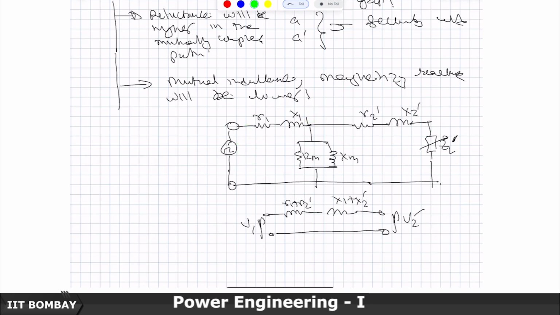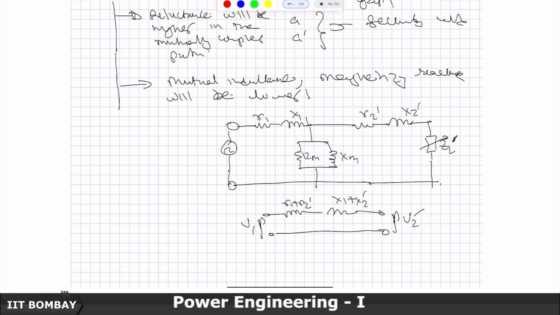I am going to get an equivalent circuit which is something similar to what you are seeing here. To recall, I have put up this transformer equivalent circuit for you, but I will not be able to move it on this side.